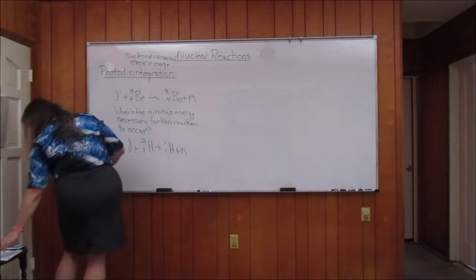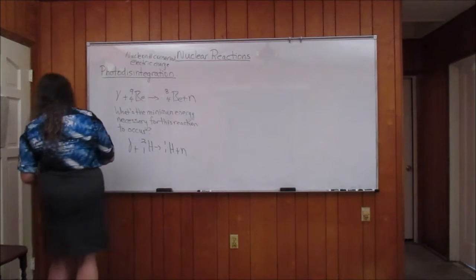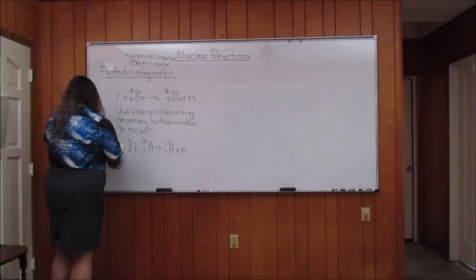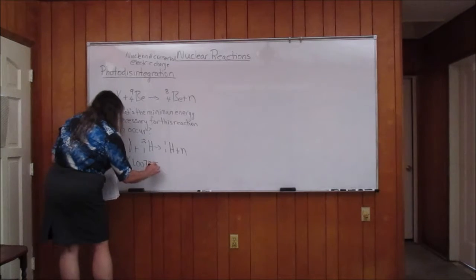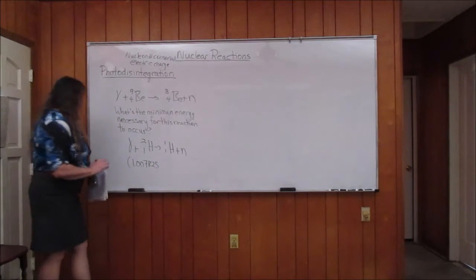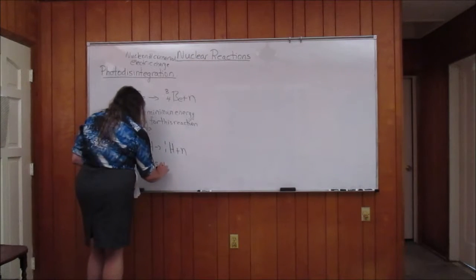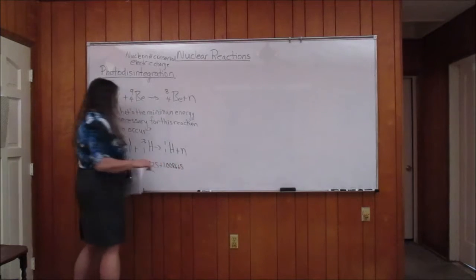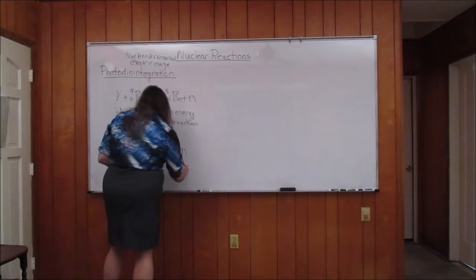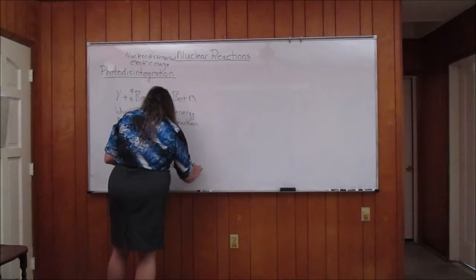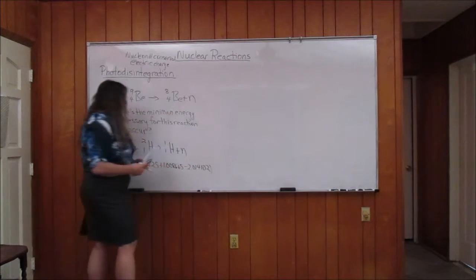And let's do the math on this. The mass of hydrogen is 1.007825. The mass of the neutron is 1.008665, and the mass of deuteron is 1.014102.